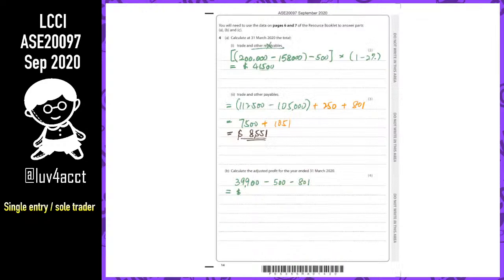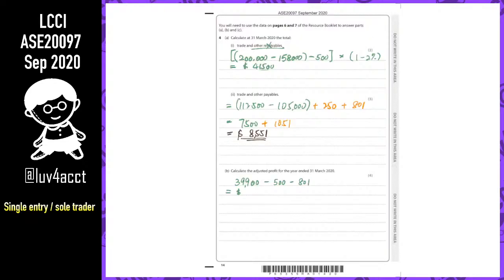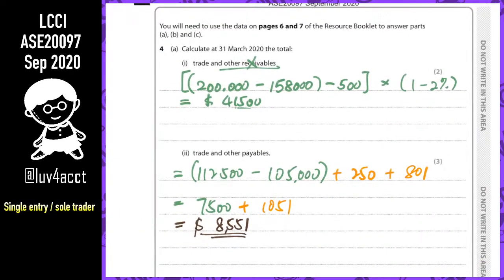Let me check again, 2% allowance, yes. So 41,500, 2% will be minus 830. 41,500 minus 830 should be 40,670.